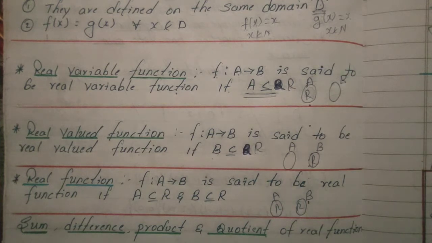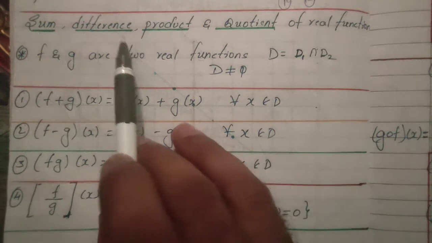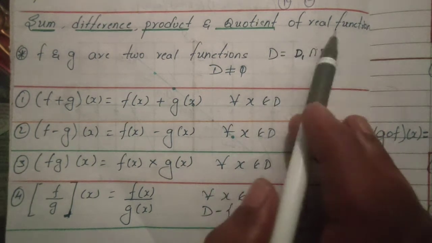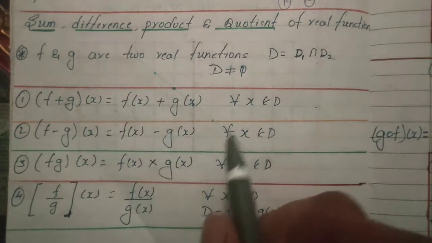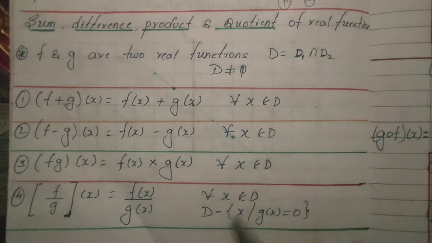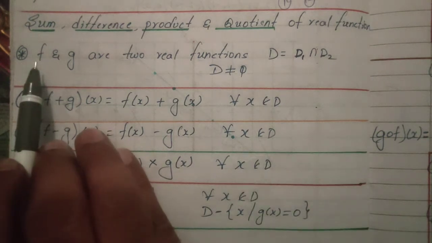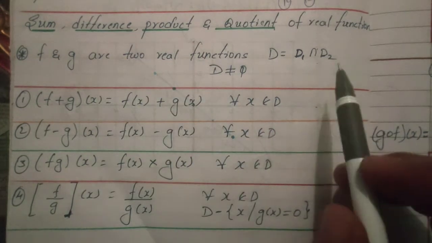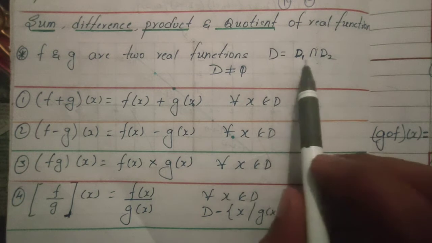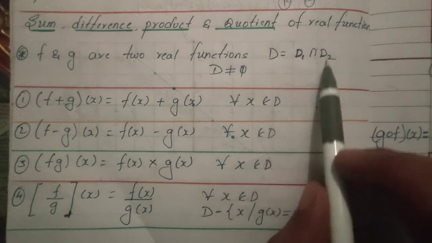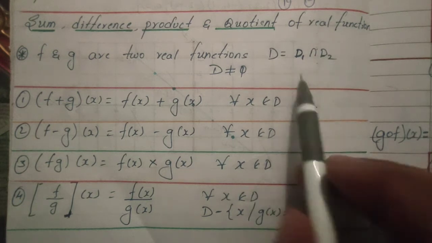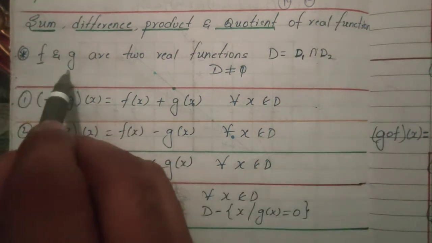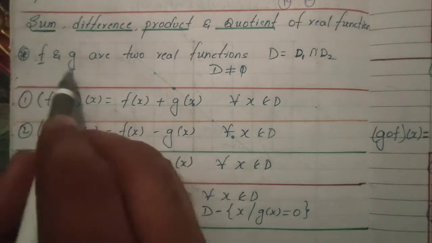Next, difference, product and quotient of real functions. Real function means both A and B should be subsets of real numbers. Here f and g are two real functions. The domain of function 1 and function 2 should be common, meaning we need to take the common domain from f and g.